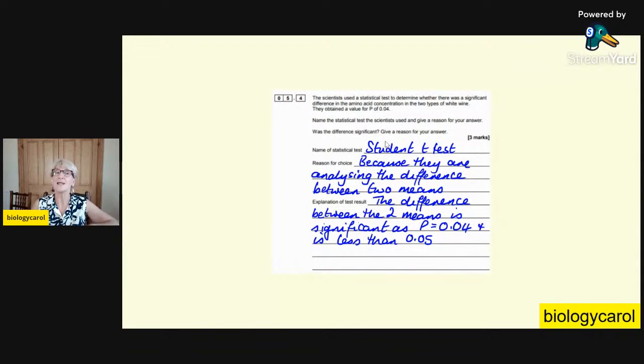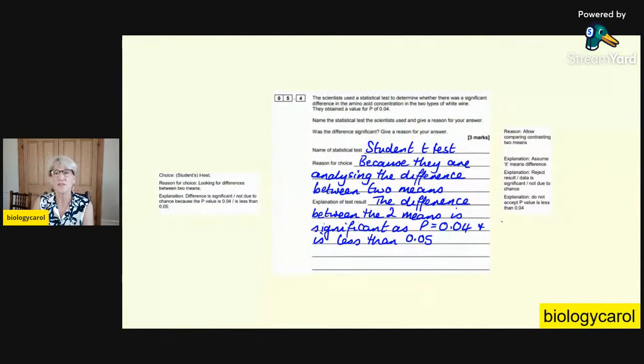If the probability is less than 5% that the result is due to chance, biologists will kind of go, right, we'll take that seriously. We'll say that the difference is significant. So the difference between the two means is significant as p equals 0.04 and is less than 0.05, just stating the obvious, kind of. So I get all 3 marks there.